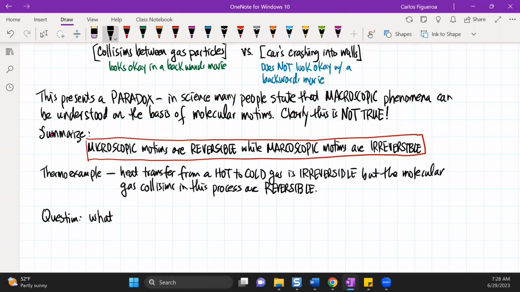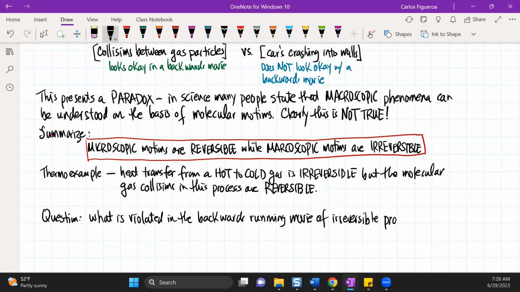What is violated in the backwards running movie of irreversible processes? That's not violated at the macroscopic level.